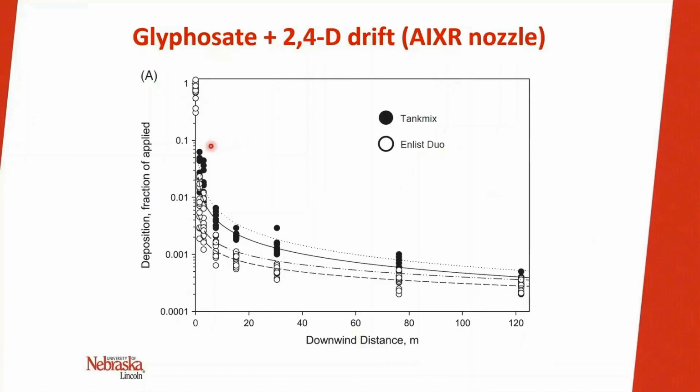And analyzing these drift profiles, we consistently had more drift with the tank mixture compared to the pre-formulation, right? So again, herbicide and pesticide formulations can also influence herbicide drift potential.